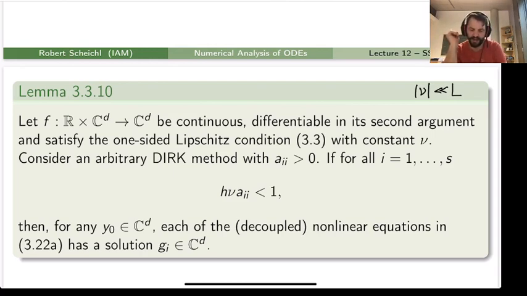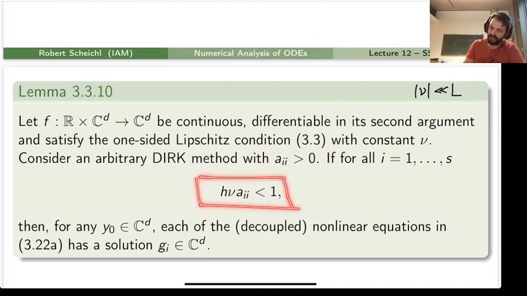Then consider an arbitrary DIRK. So we're only going to look at diagonal implicit Runge-Kutta methods with positive diagonal entries a_ii. Then we have the much less restrictive condition that h nu times a_ii should be less than 1.